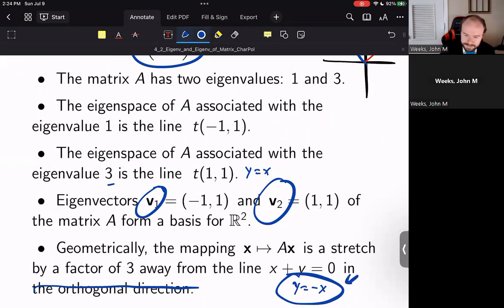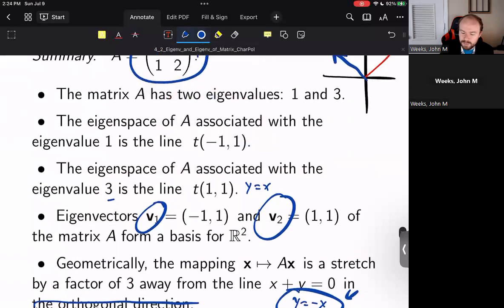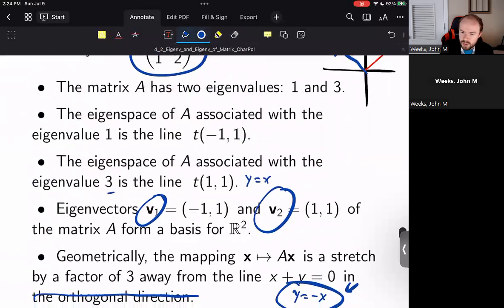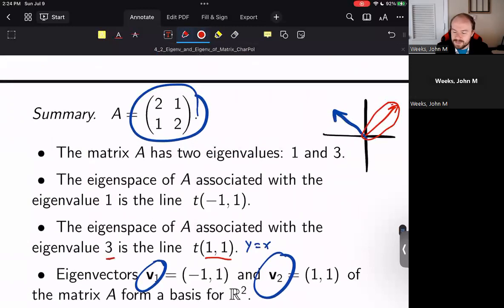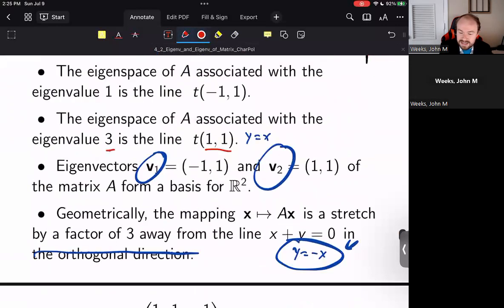Well, think of it this way. If you started with the vector 1, 1, what would you be doing? Well, the vector 1, 1, once I plug it in, we know that 1, 1 is the one associated to the eigenvalue of 3. And so that's going to get extended by a factor of 3 after being plugged through A. Well, wouldn't you agree that that vector is indeed tracing the orthogonal direction away from the line x plus y equals 0?